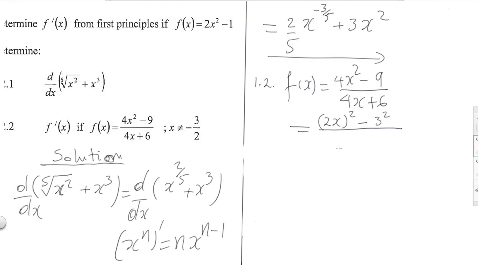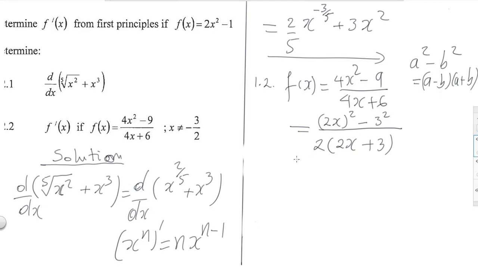Can you see? Sorry. So why? Because I want to have this a squared minus b squared, which will give me a minus b and a plus b. Okay? So if I factorize here by 2, I'll have a 2, bracket will be 2x plus 3. Simple now.